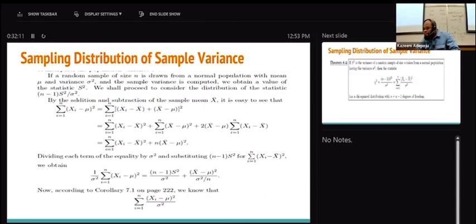Sigma squared is the population variance, S squared is the sample variance. The only way you can get the population variance is to study everybody in the population. Do we normally do that? No, we don't have the resources for that. We only take a sample.